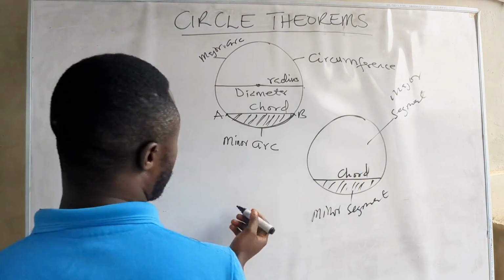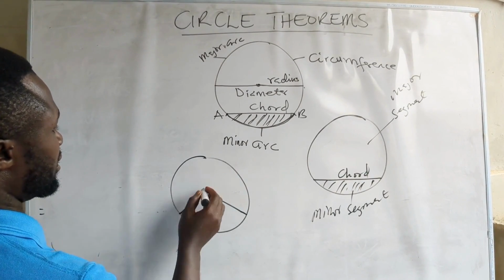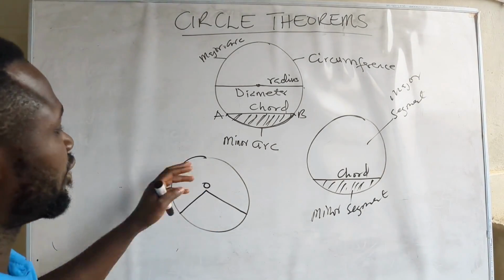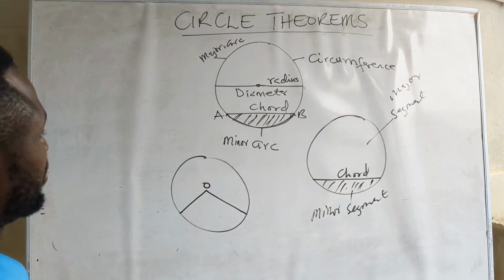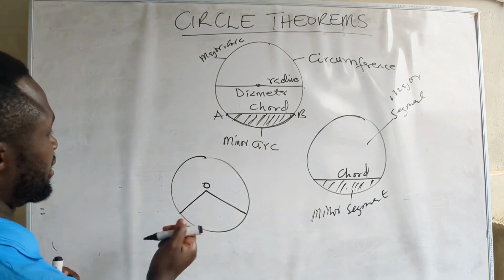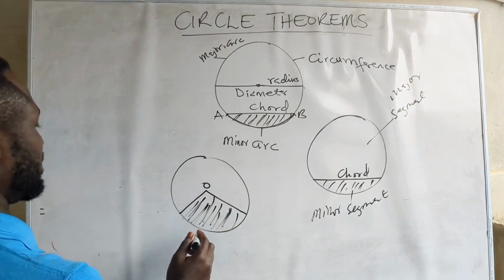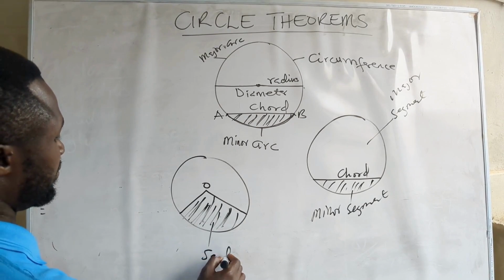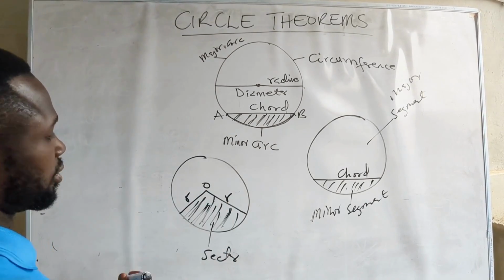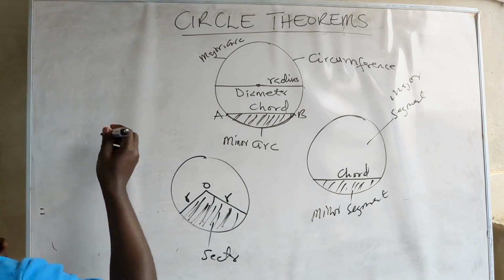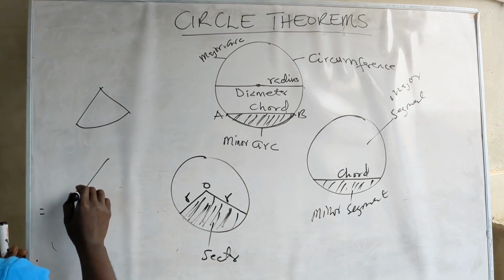Then one thing we can also look at is a sector. A sector is a portion of the area. The space covered by the circle is the area of the circle, so a sector is a portion of the area. Let me shade this particular place. This is a sector, and it is formed by two radii. So a sector can be like this, or a sector can be like this.